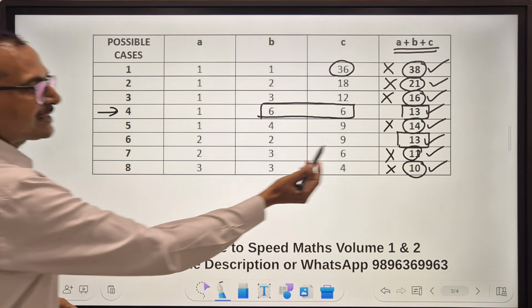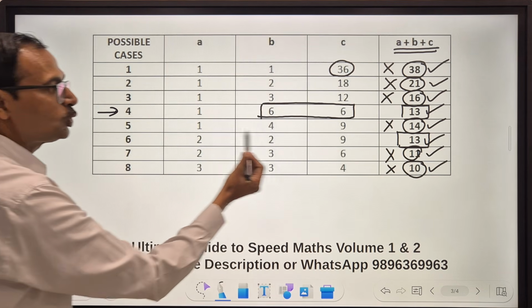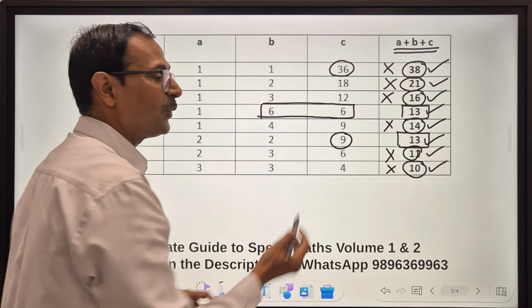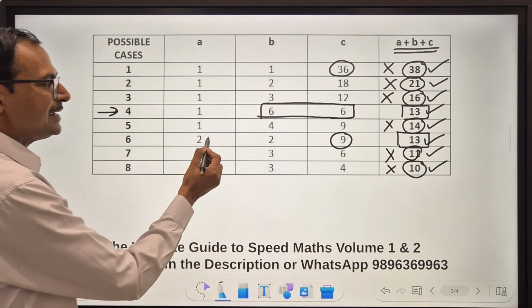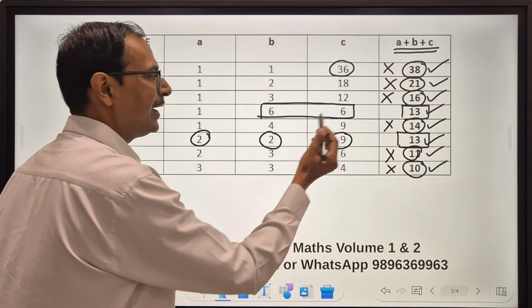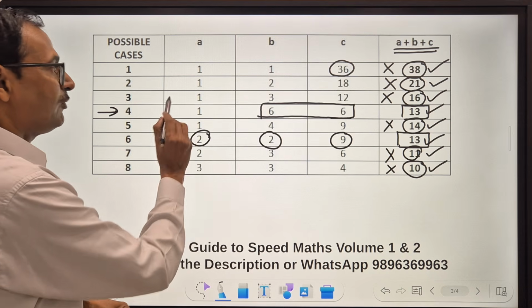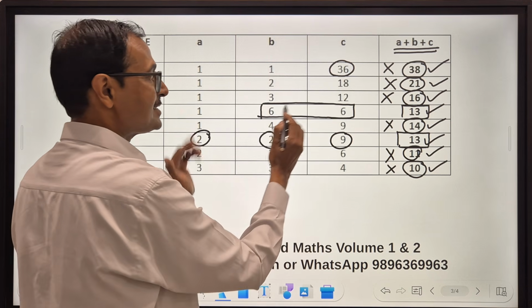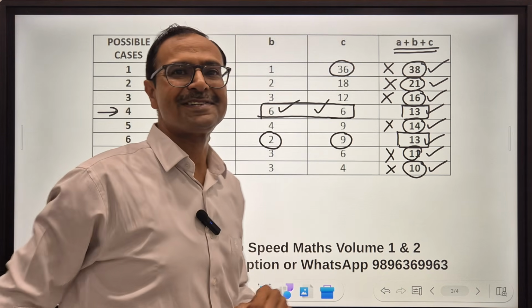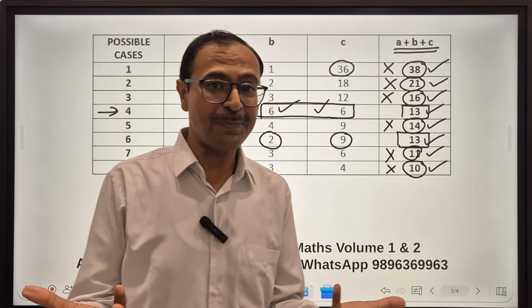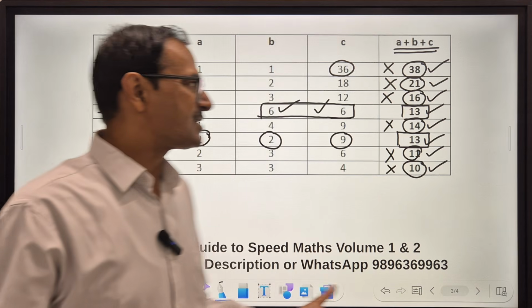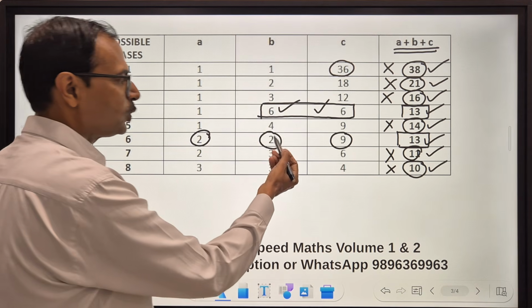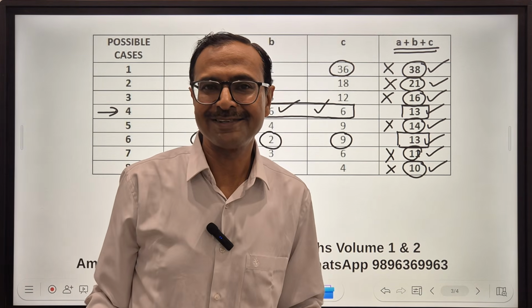But in the other case where 13 chairs are there, 2, 2, 9, the eldest kid is only one. And therefore, he concluded that the ages are 2, 2 and 9 and not 1, 6, 6, because in 1, 6, 6 there are two eldest kids. But he said my eldest kid plays piano very well, so there is only one eldest kid. And so the answer for the puzzle is 2 years, 2 years and 9 years.